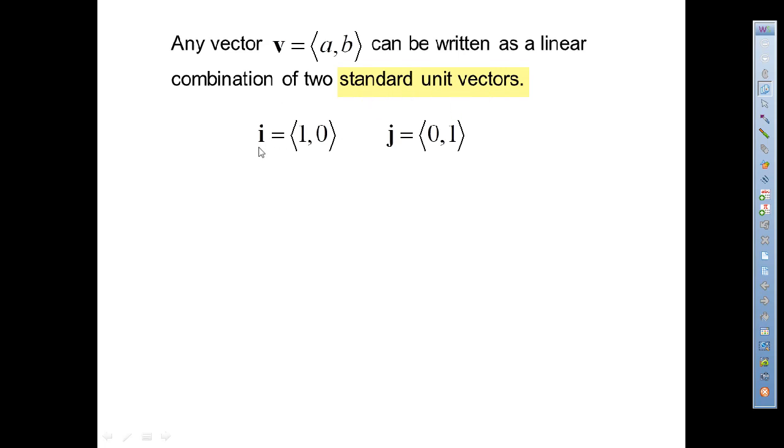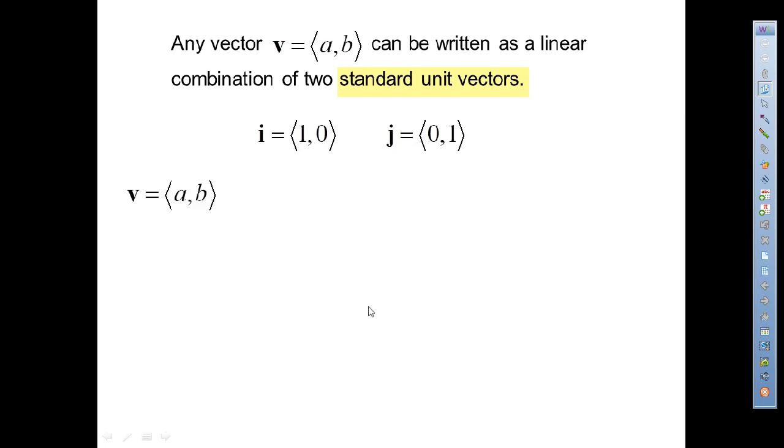Now, the i vector denotes movement in the x direction, or left and right. The j denotes vertical movement up and down, or those components of the vectors.